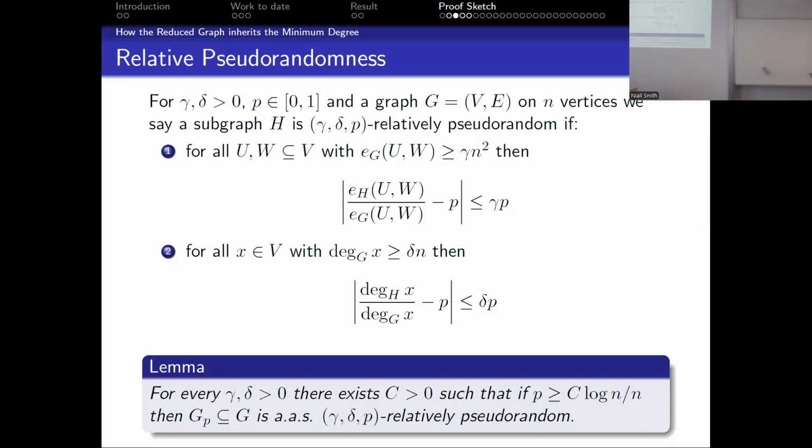Why do we do this? With these properties, you can show what we did, and why is it useful? Because if you've got a random graph, then with high probability it does this. So we can stop talking about random graphs and start talking about these relatively pseudo random graphs.